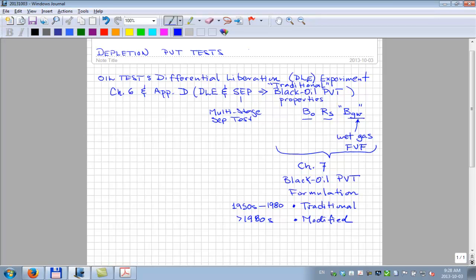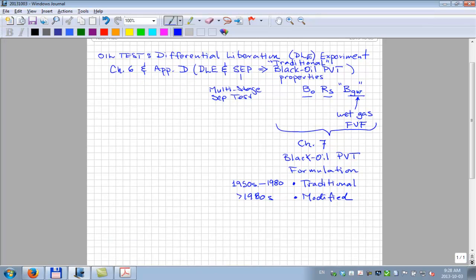Well, in the book, chapter 7 is dedicated to explaining what the differences are and how you develop them. The methodology for coming up with the modified black oil properties came in a paper which is discussed in detail in chapters 6 and 7, in connection with the constant volume depletion lab test, which we'll talk about tomorrow.